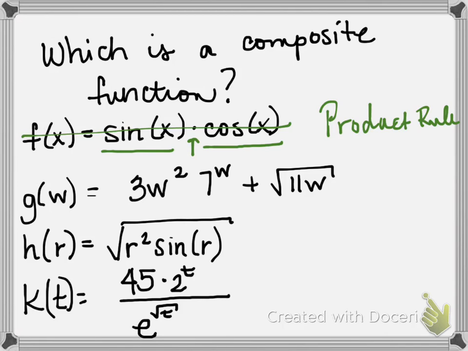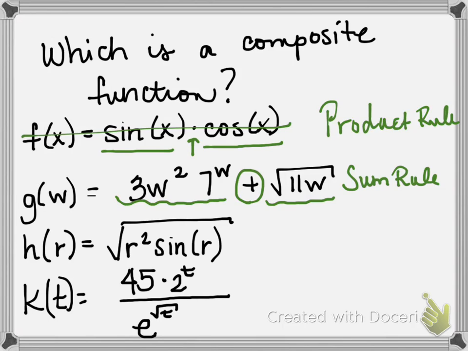Okay, so let's look at g of w. If I were going to input a value for w, I'd figure out what 3w squared times 7 to the w was. I'd figure out what the square root of 11w is, and then I would add them together. So since addition is the fundamental operation here, we would use the sum rule, where the derivative of the sum of two functions is the sum of the derivatives.